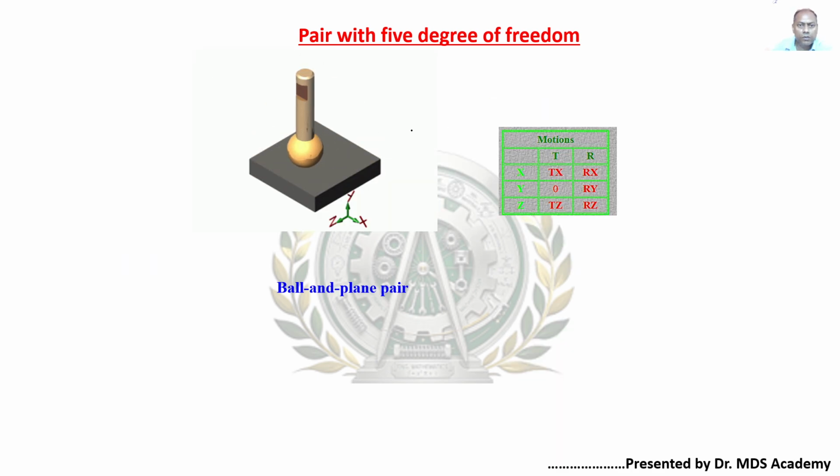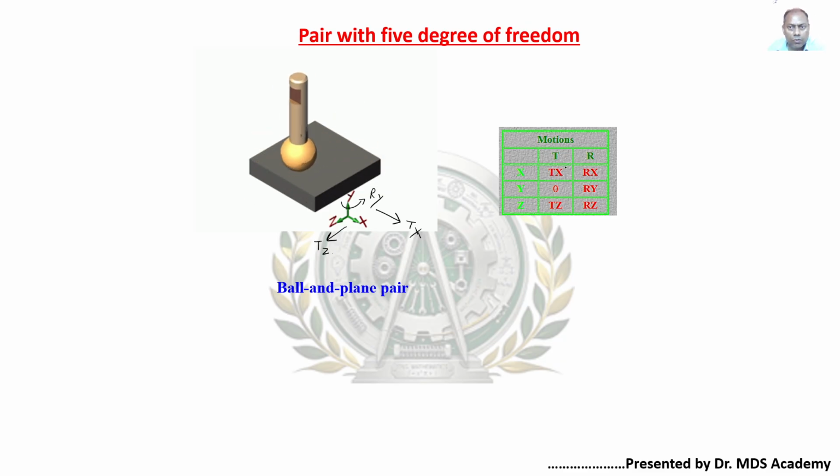Now the next slide shows the ball and plane pair. Yes, along x it is doing translation, and it is rotating about Ry also. It is translated along Tz also.